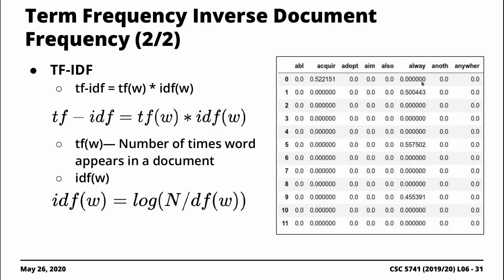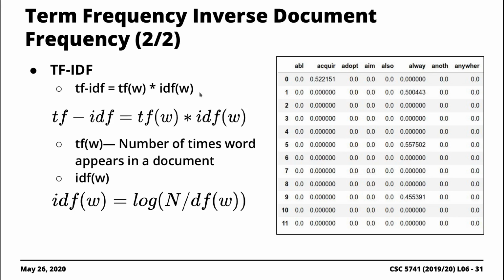You notice it's 0 here. The TF-IDF for the term always in document 1 is 0.5, right? In document 5 it is 0.56. In document 9 it is 0.46, right? And the way that you compute these numbers is by just using this formula here.